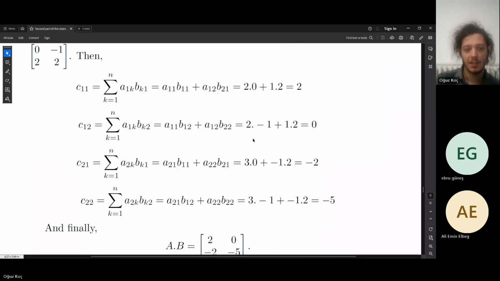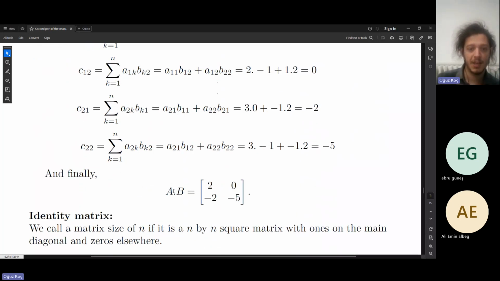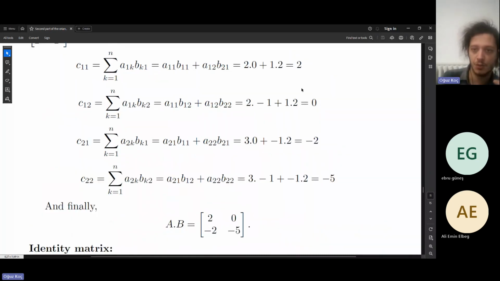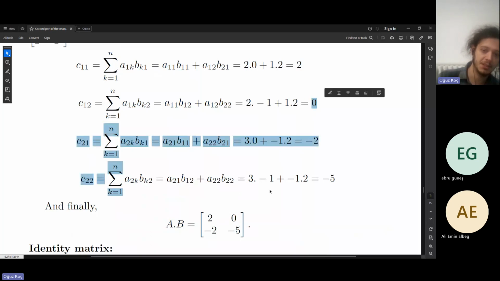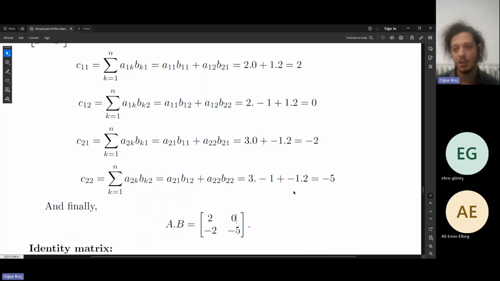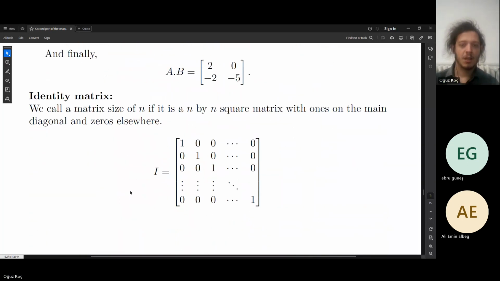Finally, we get A times B, which is the C matrix, and it is equal to 2, the 11 element, then the second element, which is equal to 0, and then -2, -5.